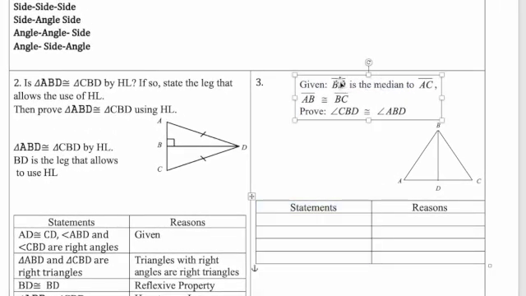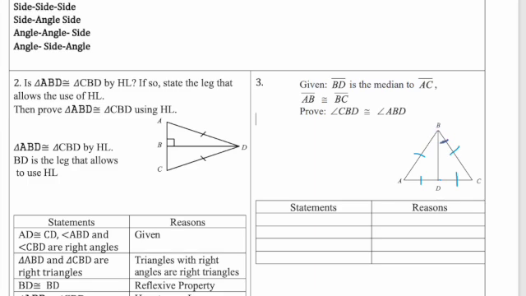Given BD is the median to AC, okay, and AB is congruent to BC, so this means the median of AC, that means that this is the midpoint, and AB is congruent to BC, and I need to prove that angle CBD is congruent to ABD, so that this angle and this angle is congruent.